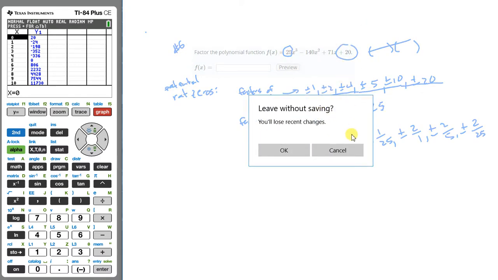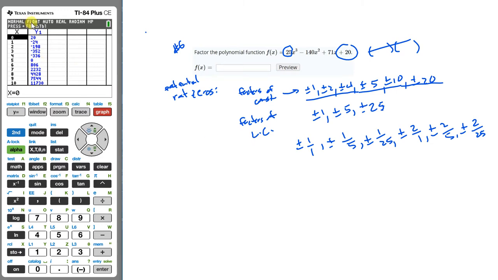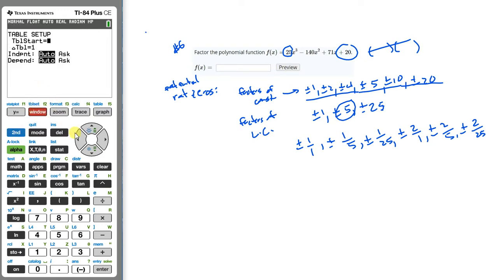Now, by the way, suppose I didn't get a 0. I'd scroll up and down in this list and look for an x value that gives you 0. If I didn't find one, then what I might do is notice that the denominator also possibly is 5. So then I could go to table set and make my delta table 1/5, so I move by fifths. 1 divided by 5, it's going to convert it to 0.2, but that's the same thing.